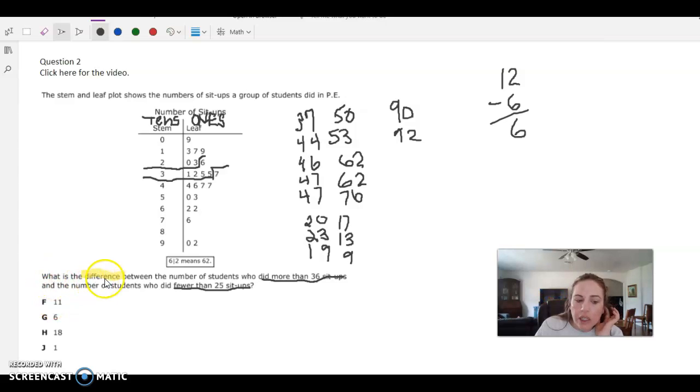A lot of students picked 11. So let's figure out what they could have done to pick 11. Maybe they got confused and counted all of the 30s. So that would be 31 is one more, 32, 35, 35. That would change our 12 to actually 16.